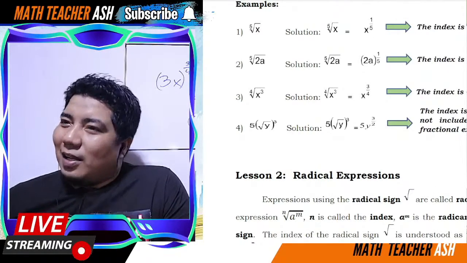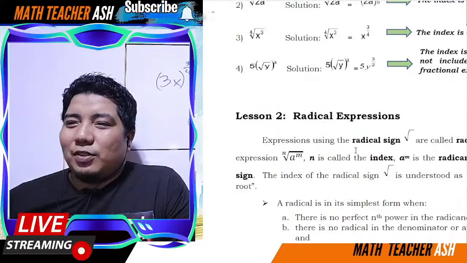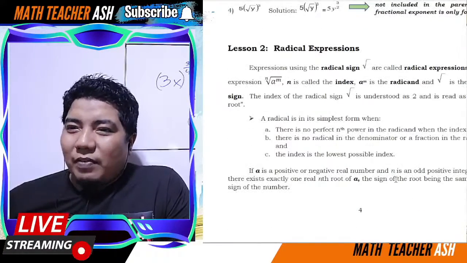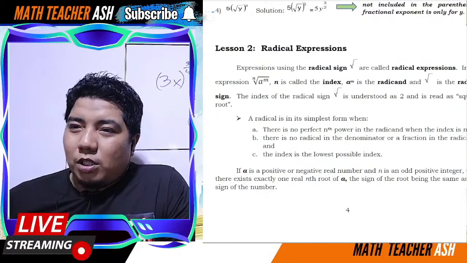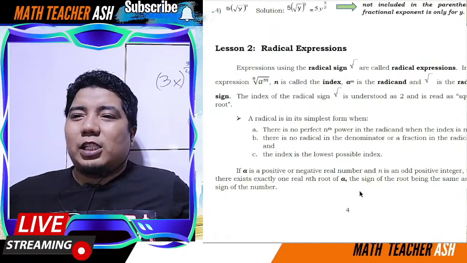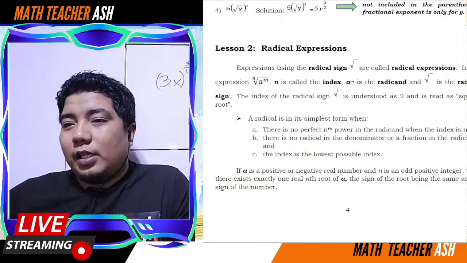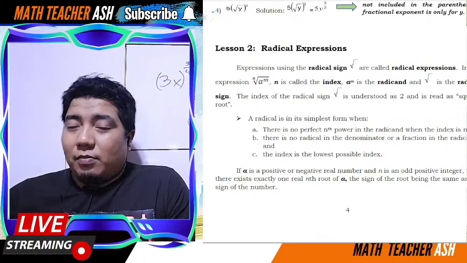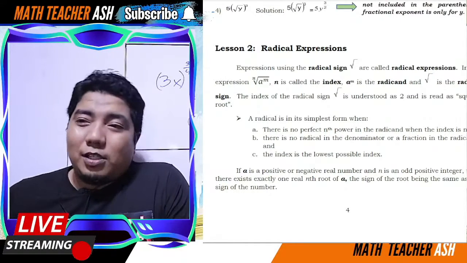Alright, so bilis-bilis natin natapos for today. Now, let us go to our lesson 2. Alright. Now, we have here lesson 2, which is all about radical expressions. Of course, when we say expressions, it is a combination of variables, constants, and it could have operations like plus or minus.